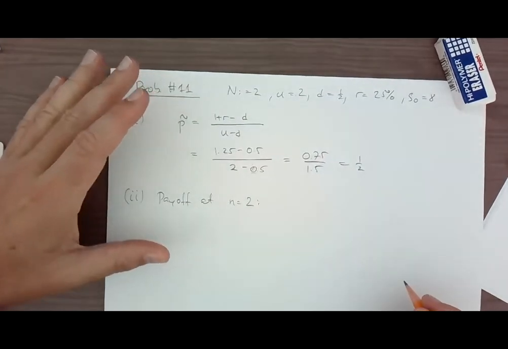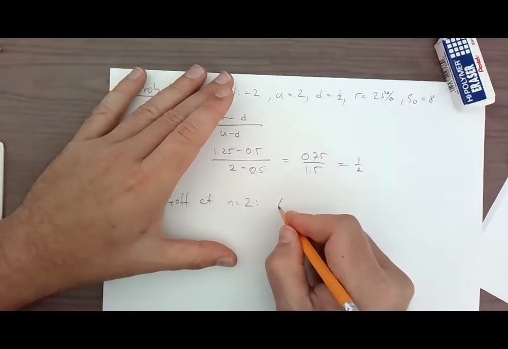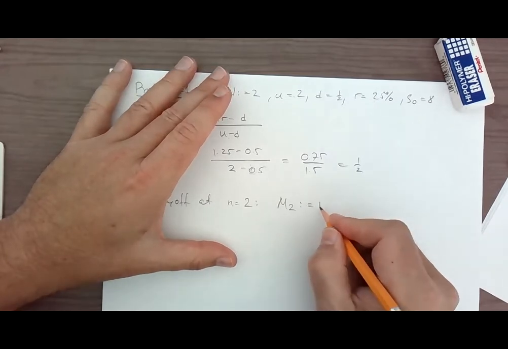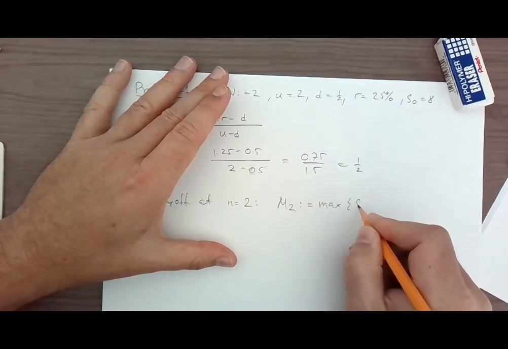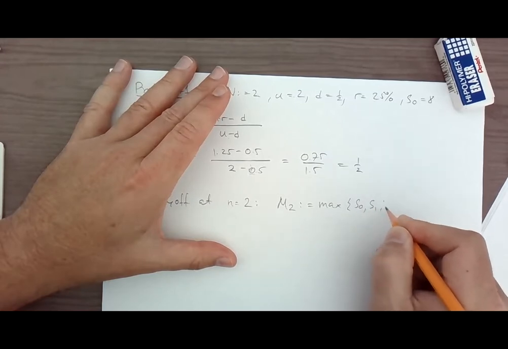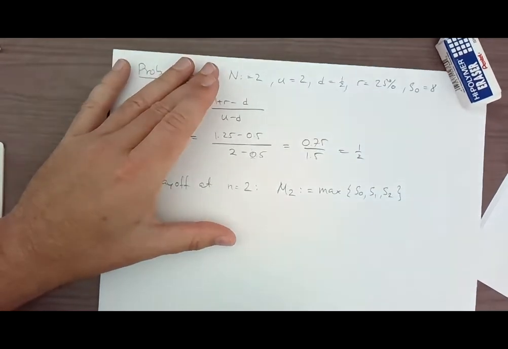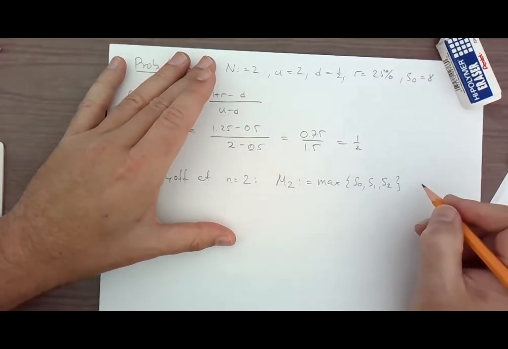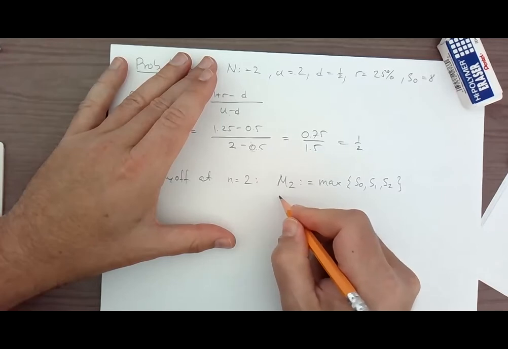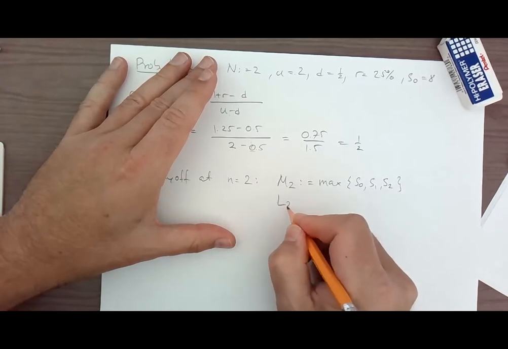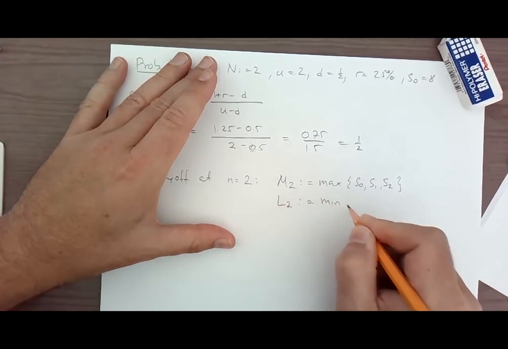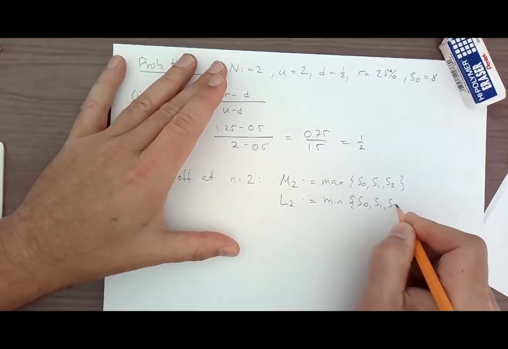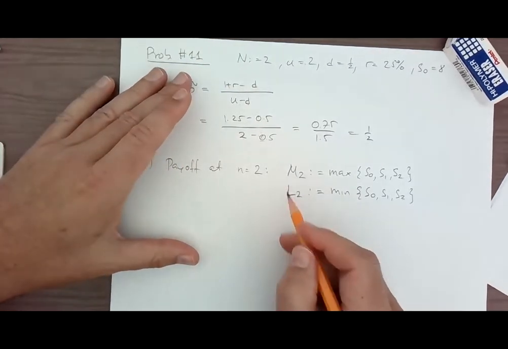The payoff at the end is given as this M2, which is the max of S0, S1, and S2, minus the min, which is called L for lower. So we take the min of the same quantity. So the payoff is going to be that difference.